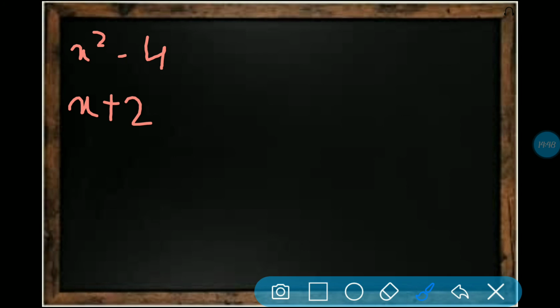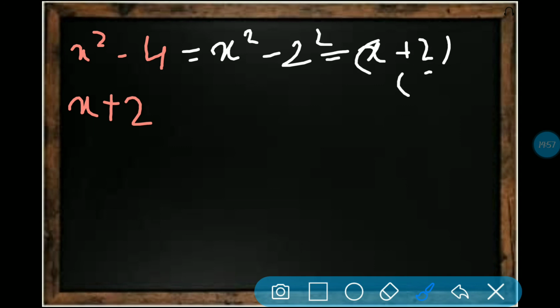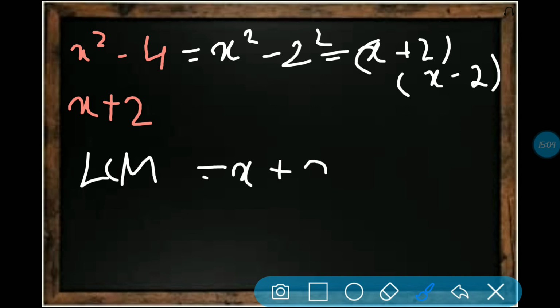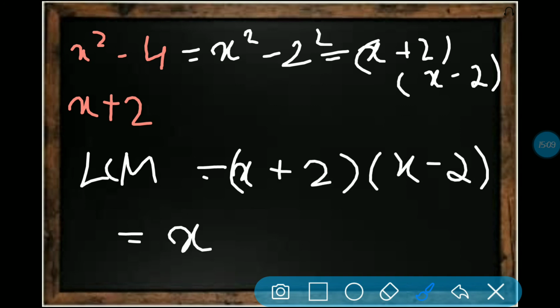It is in the form of a square minus b square, so x square minus 2 square, we can write it as x plus 2 into x minus 2. So x plus 2 is here. The LCM for this will be x plus 2 into x minus 2, so that will become x square minus 4. So the answer is wrong. Statement A is false.